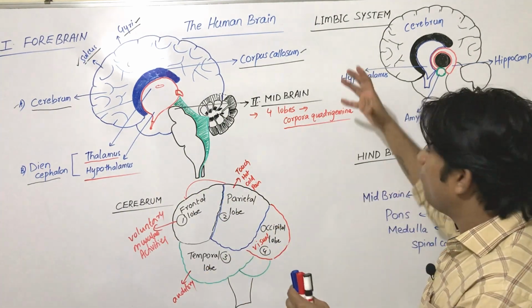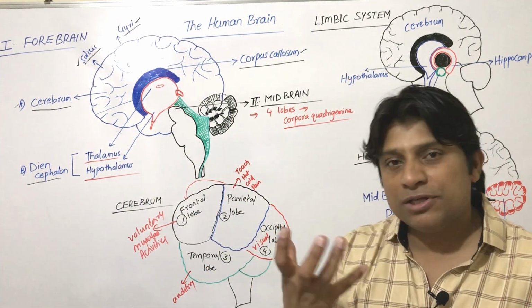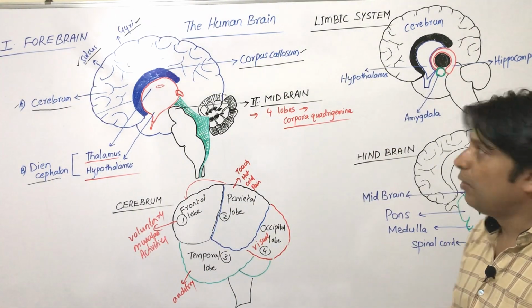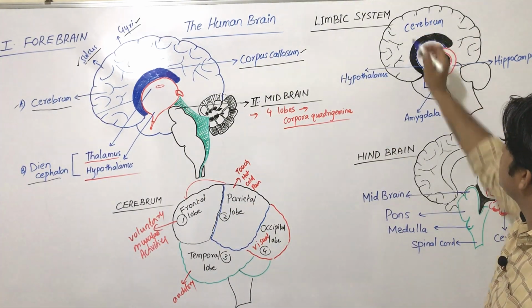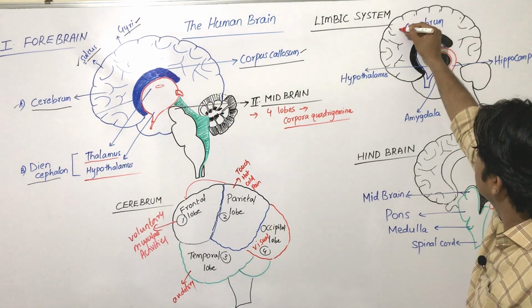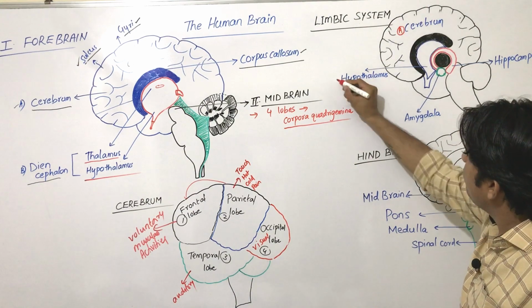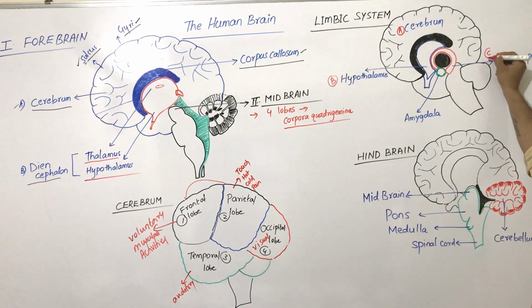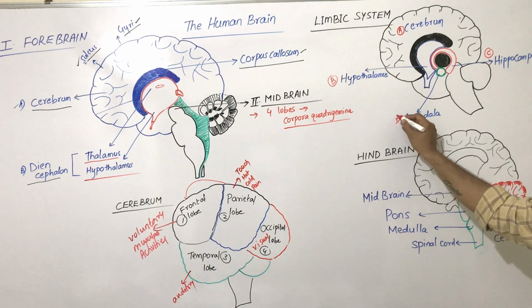Next, we have one more most interesting coordinating center in the brain, which is called limbic system. So some parts of the cerebrum, already we have discussed hypothalamus, hippocampus and amygdala.